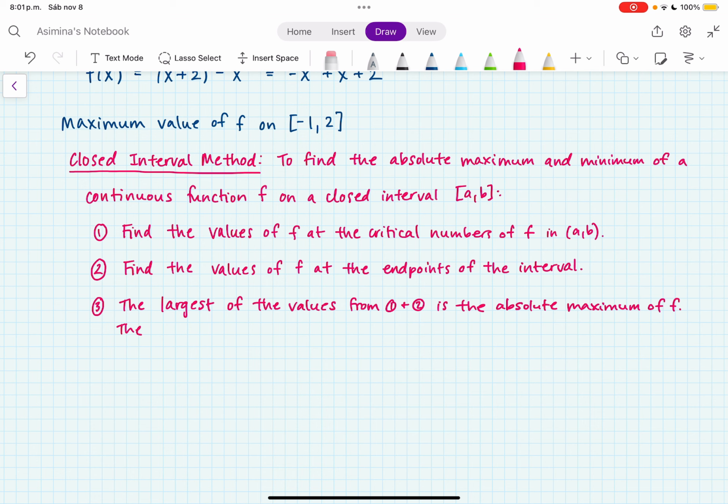And the smallest of the values from parts 1 and 2 is the absolute minimum of f.